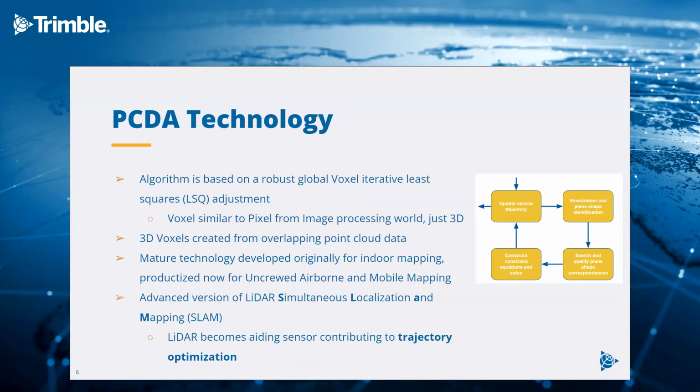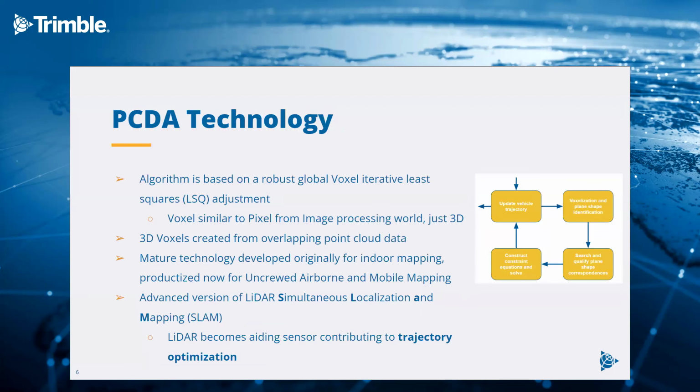As I said, the Applanix Point Cloud Data Adjustment technology that we use here represents an advanced iteration of LiDAR simultaneous localization and mapping, in short, SLAM. I trust you have heard about SLAM before. It is founded on a robust global voxel iterative least squares adjustment.